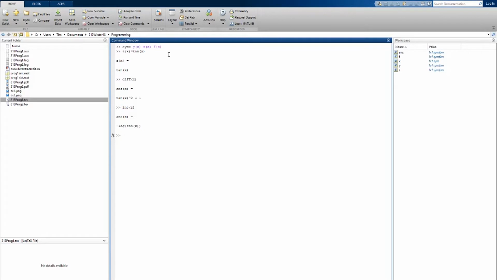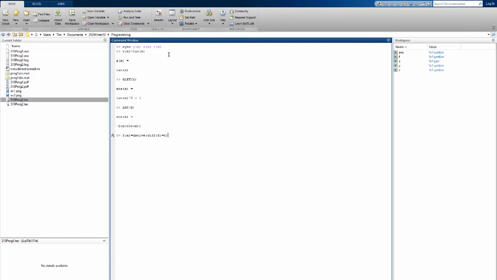All right, now to get to the next part, this is the part where people start having questions. So let's say I want f of x to be the solution of the differential equation f prime equals f.